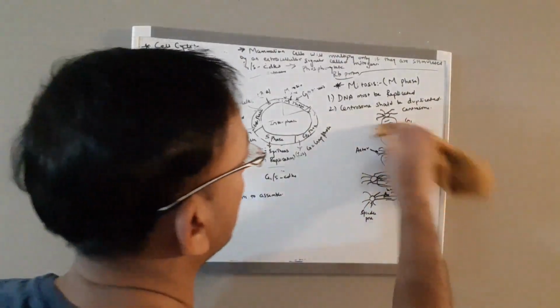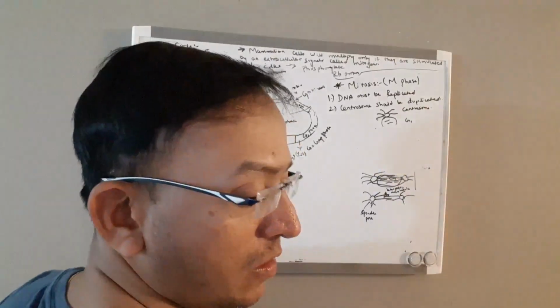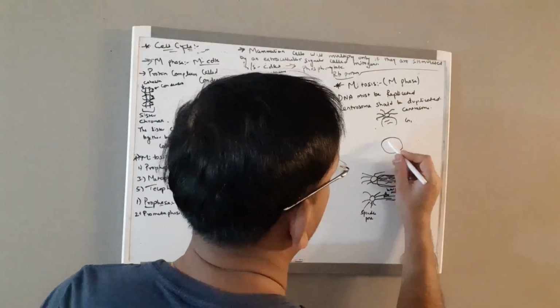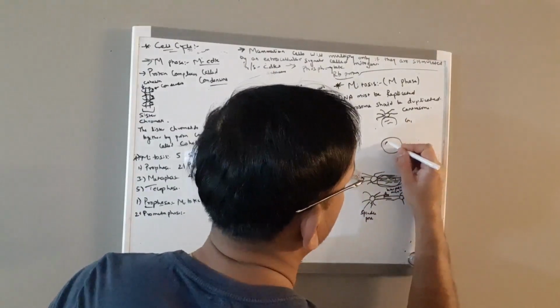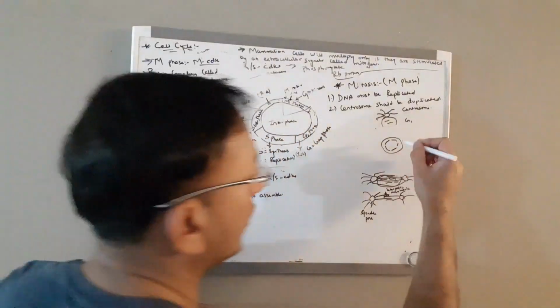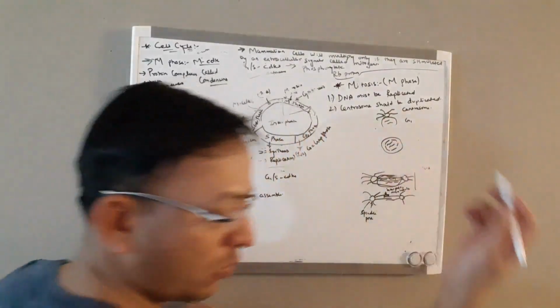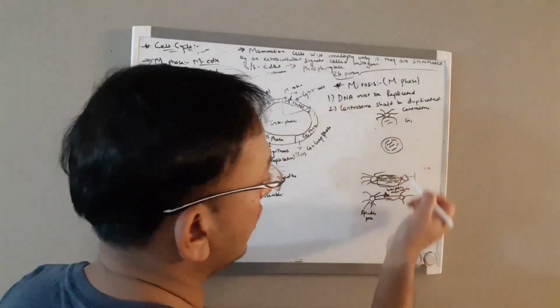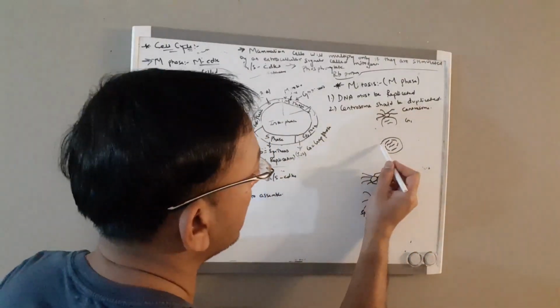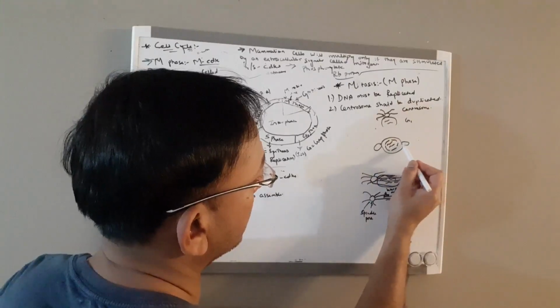For example, this is the cell that is going through mitosis, and inside the cell there is the nuclear envelope, and inside we have our chromosomes, right? So for example, it's going into mitosis, so the prophase has begun.